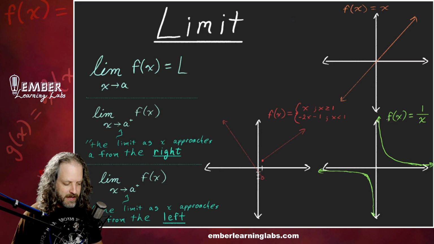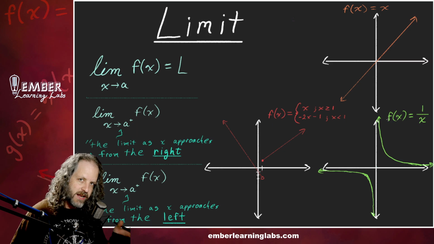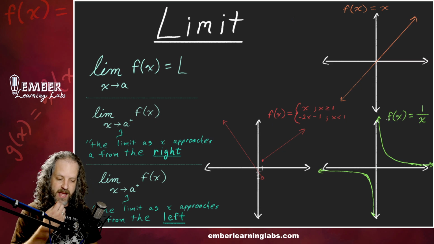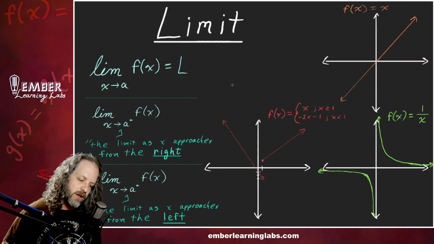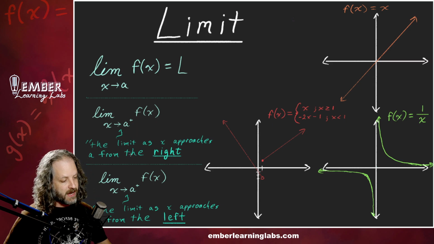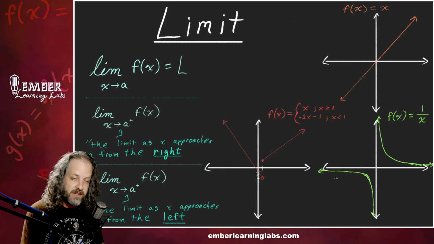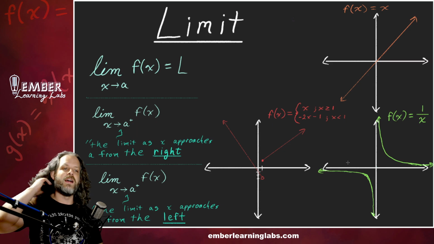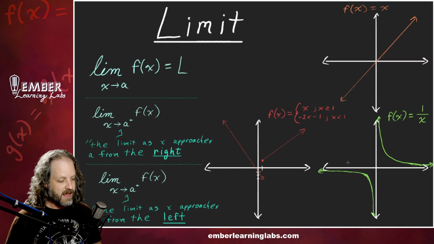So the limit is where the graph is approaching, as we're headed towards whatever x value. As x is moving closer and closer to some number, what is it trying to get to? Now, sometimes it gets there, like in this one, but sometimes it doesn't get there, and that's where you can have a limit even if something isn't defined, right?